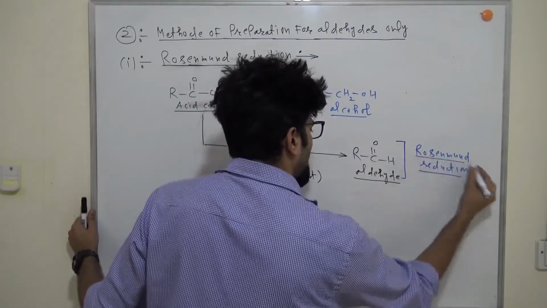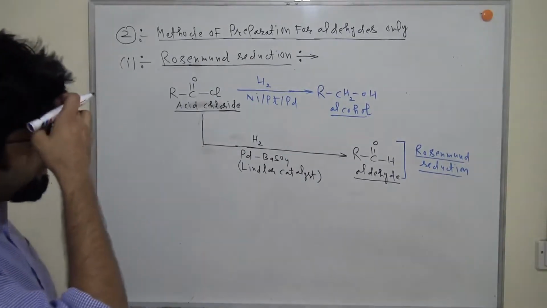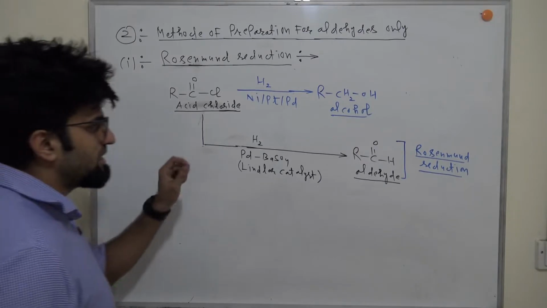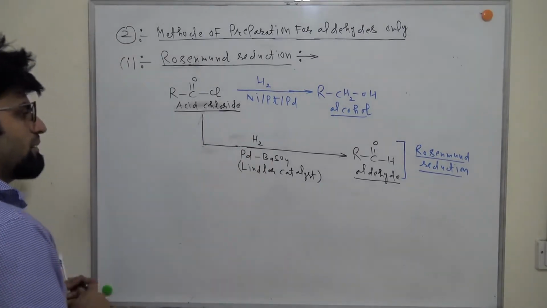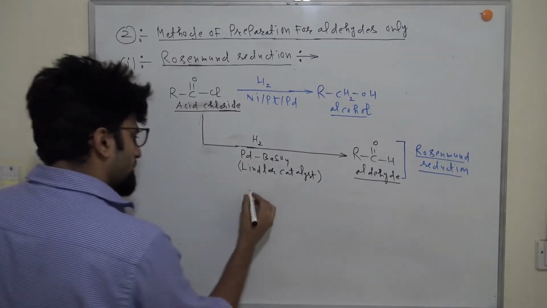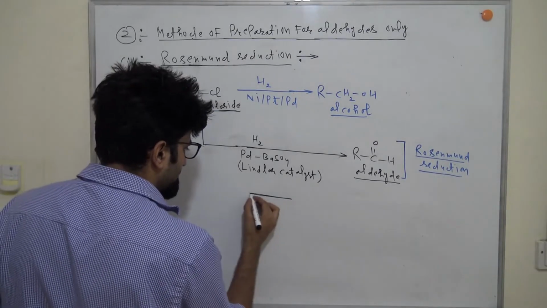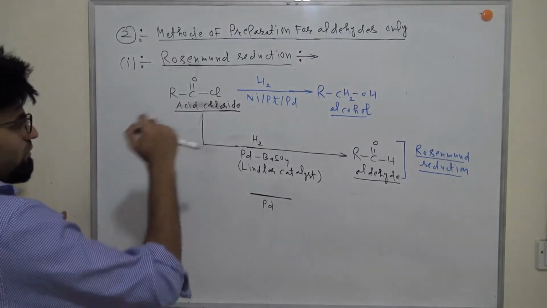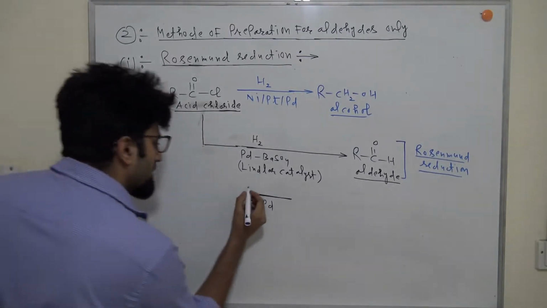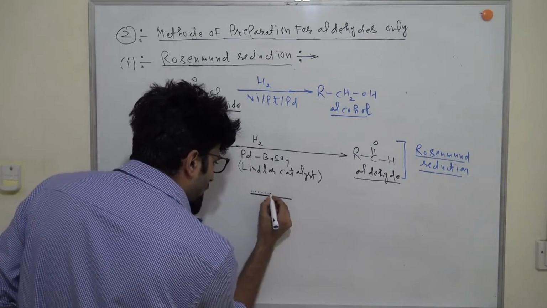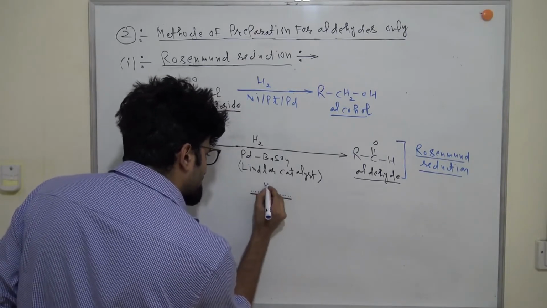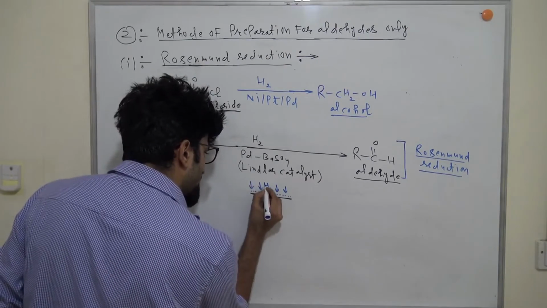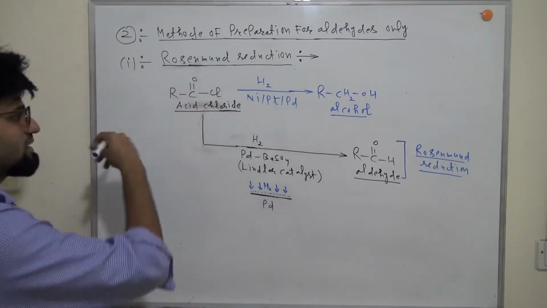Now why are we getting aldehyde instead of alcohol? What is the meaning of BaSO4? Suppose this is your palladium metal. H2 gas will adsorb on the surface of the metal, and then the reaction will trigger.